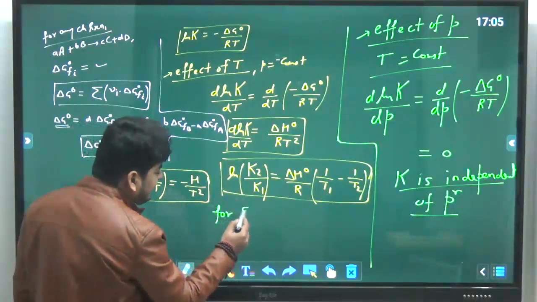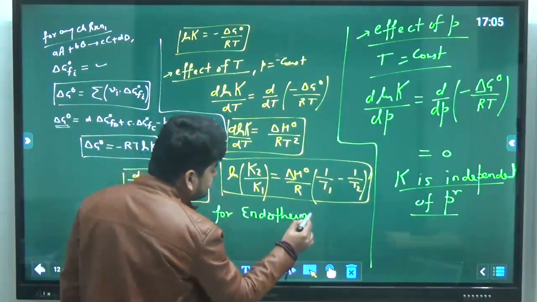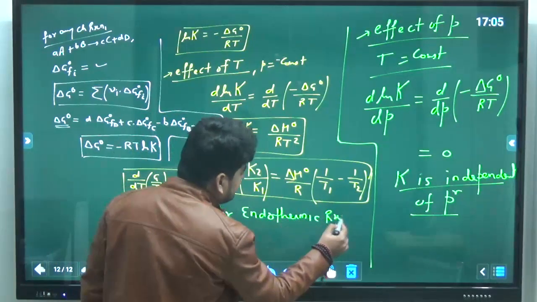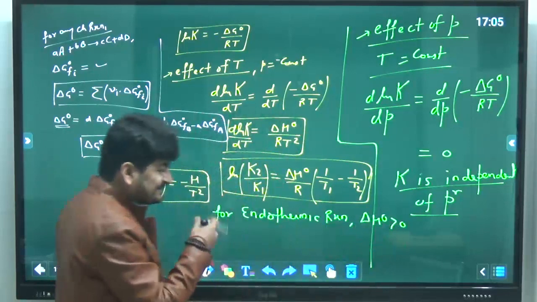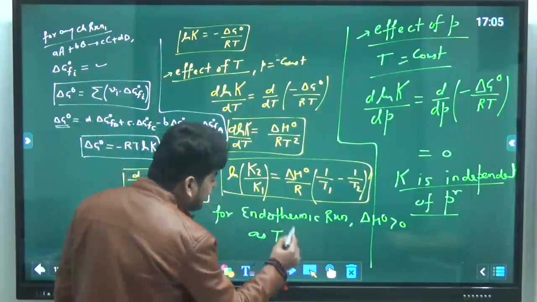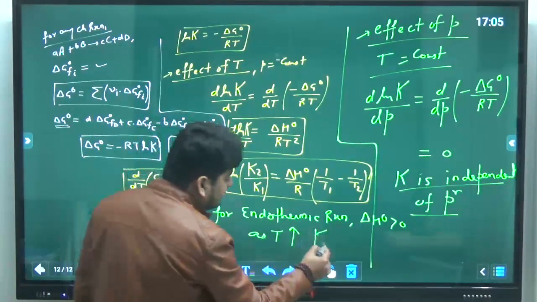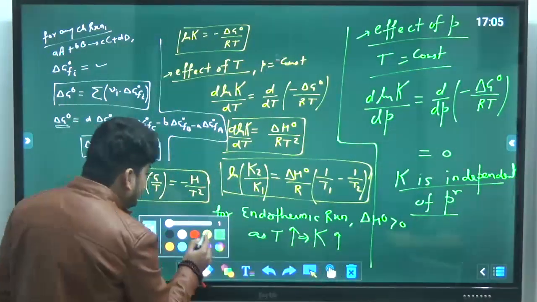Like I hope all of you know that for endothermic reactions, standard heat of reaction will be positive. Standard heat of reaction will be positive. That means as you increase the temperature, you can see equilibrium constant K will also increase. Okay.